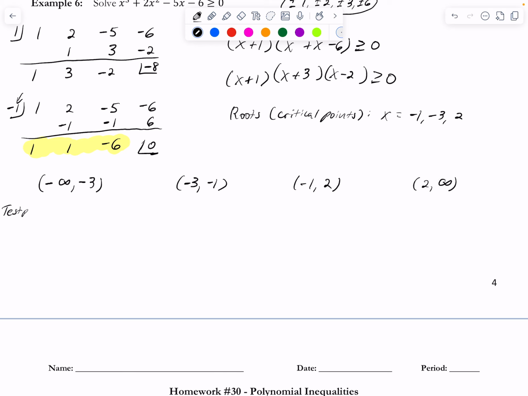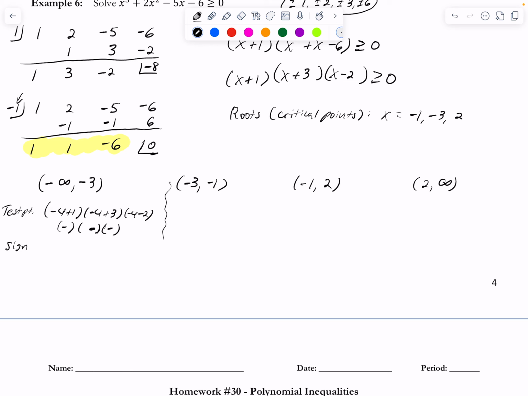Plugging in my test point here, I'm going to do -4. Don't forget to go into the factors here. So -4 plus 1 times -4 plus 3 times -4 minus 2. All right, so the sign of this, that's a negative times a negative times a negative. So that's 3 negatives.